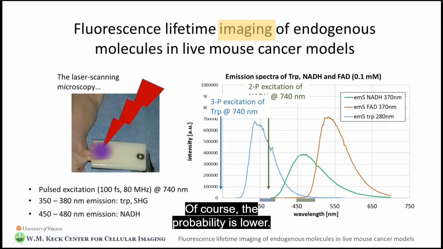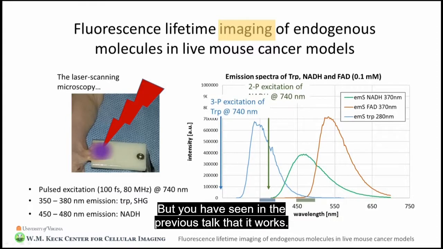Of course, the probability is lower, but you have seen in the previous talk that it works. We detect the emission above 350. It's not really the peak of tryptophan emission, but we only use glass objectives, and those are not transparent below 350.